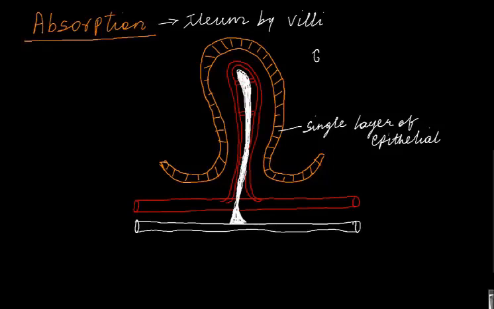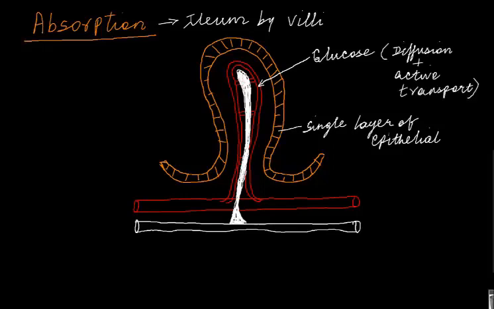Now, how does the food get absorbed? The glucose will enter into the blood by diffusion and active transport so that all the glucose can be absorbed. The amino acids are absorbed in the same way. So the amino acids and the glucose are absorbed by diffusion and active transport into the blood.